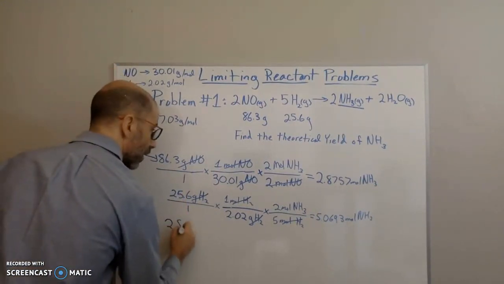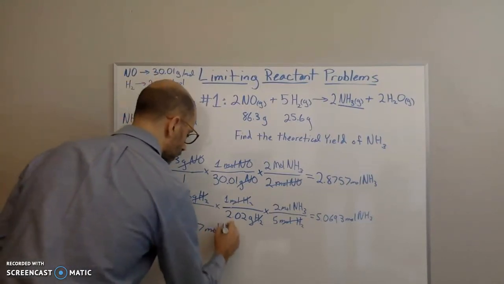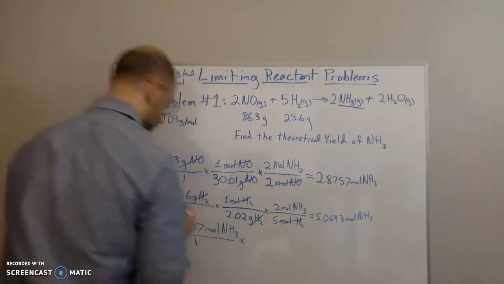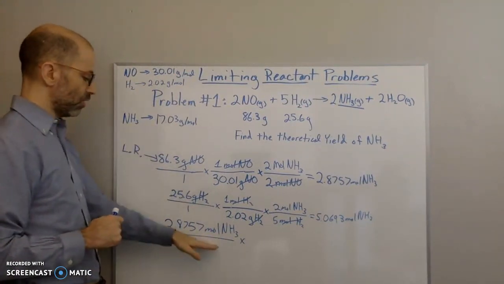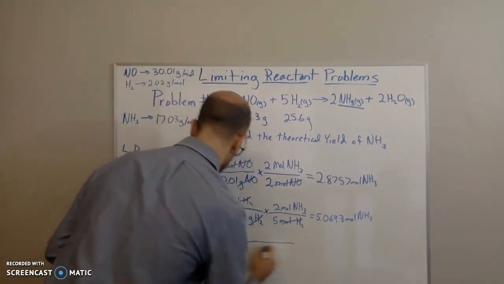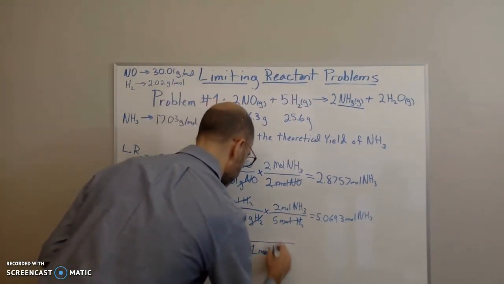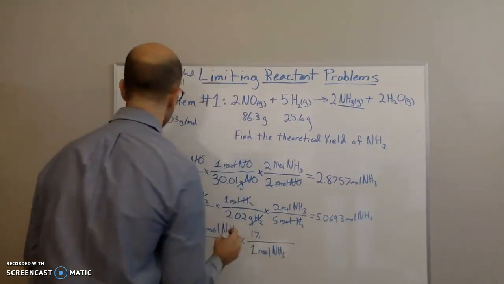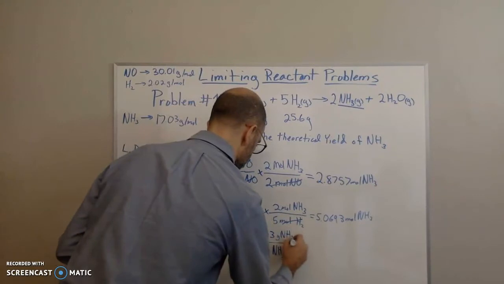I have 2.8757 moles of NH3, and I can now use the molar mass of NH3 to convert this to grams. So 17.03 grams per mole. I'm going to put 1 mole of NH3 on the bottom, and 17.03 grams of NH3 on the top.